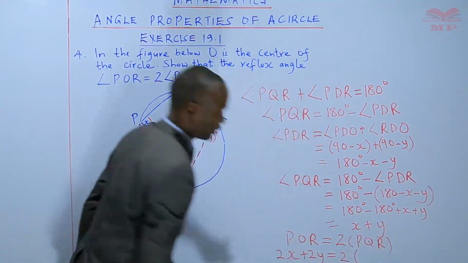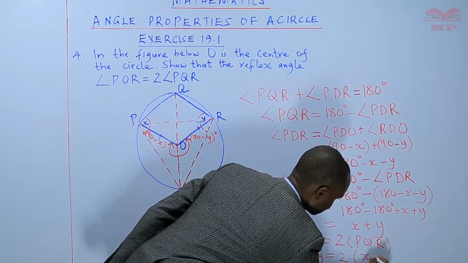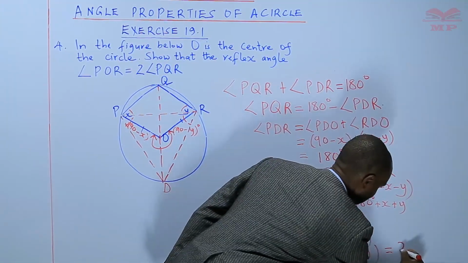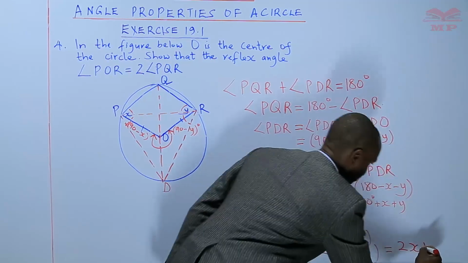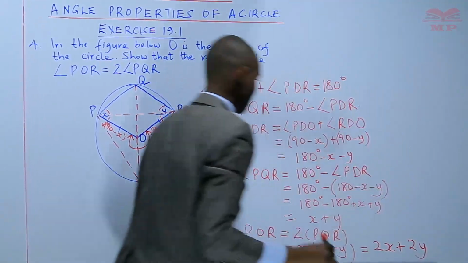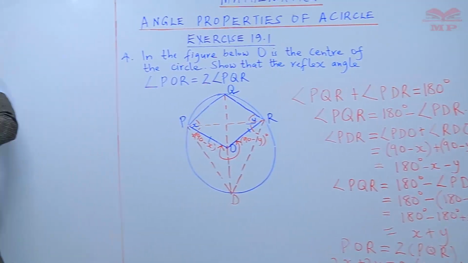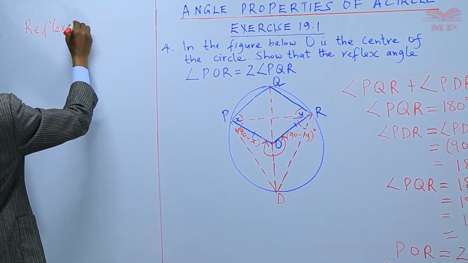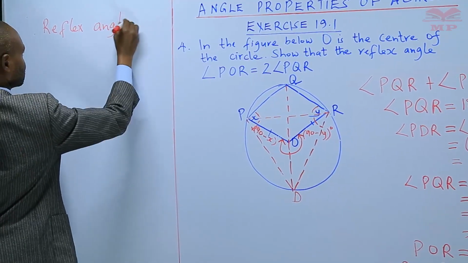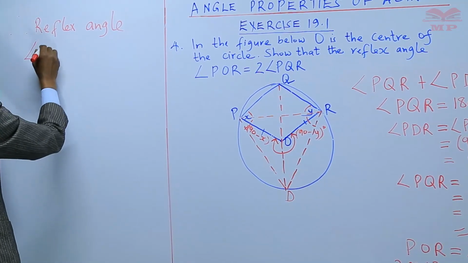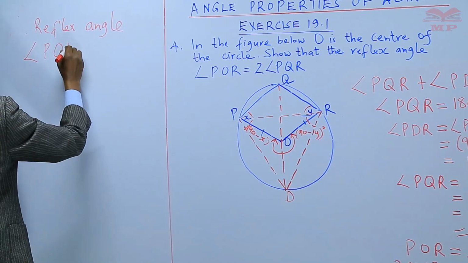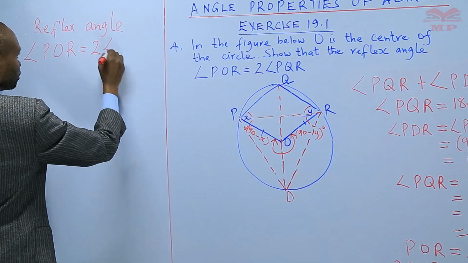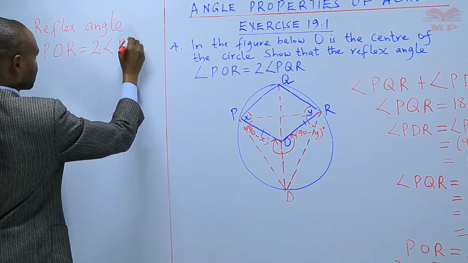We have already got that value. It is x plus y, so 2x plus 2y. Therefore, reflex angle POR is equal to twice the value of angle PQR.